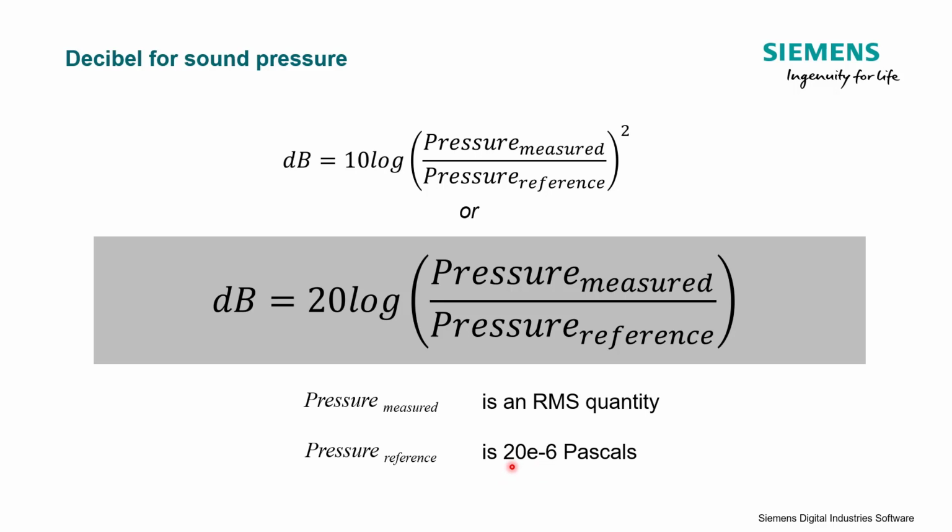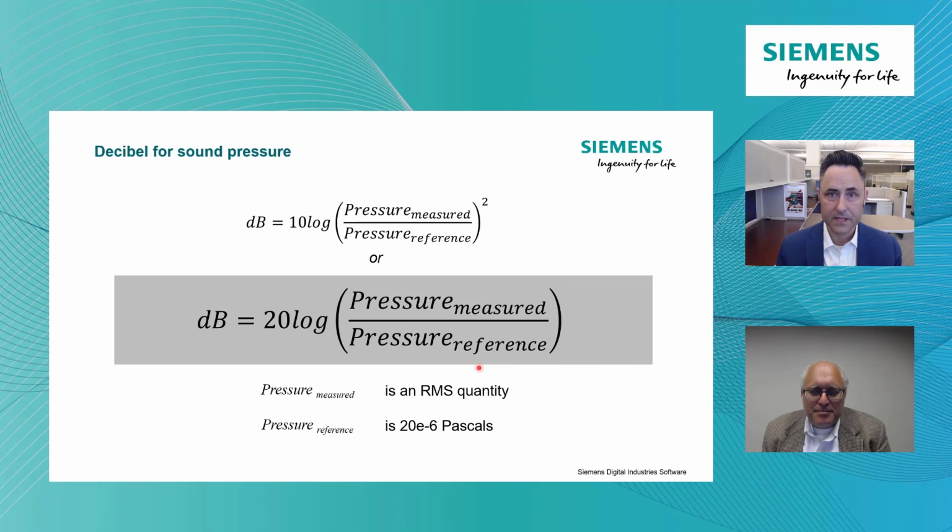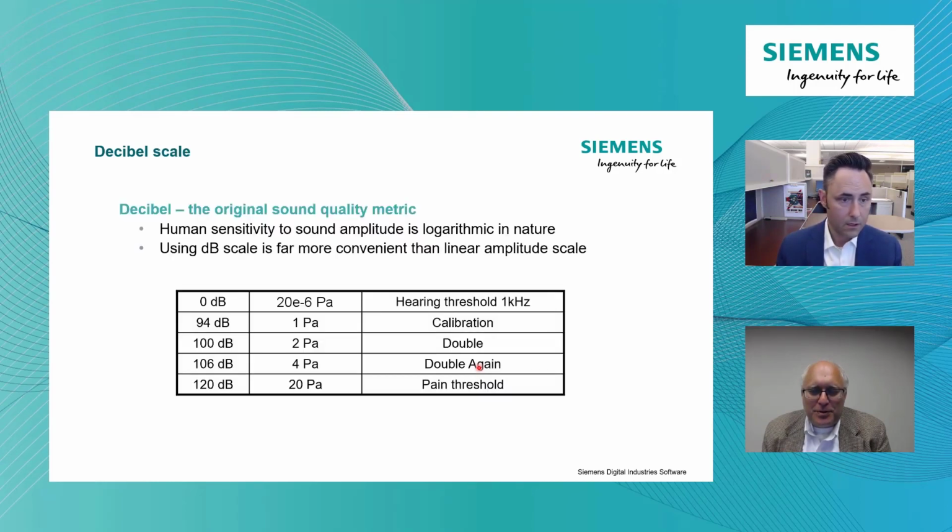And the reference pressure we'll use in all of acoustics is 20 micropascals, or 20 times 10 to the negative 6 pascals. Okay, and we'll talk about where that reference pressure comes from, but this is how you convert pressure into decibels. Looks pretty straightforward.